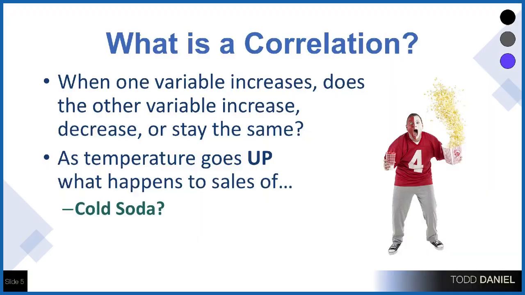So for example, let's take the scale for temperature. We know how that works, right? You have a thermometer. If it's really cold, the scale goes down. If it's really hot, the scale goes up. Well, as the scale goes up, if we are running the concession stand at the football game, what would we expect to find in the sales of cold soda as the temperature increases?